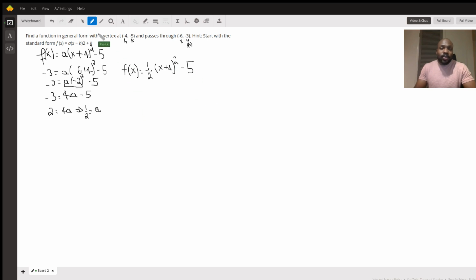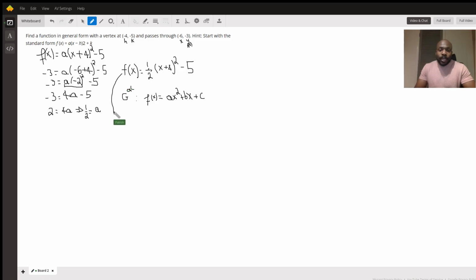And to find the general form, it's f of x. It's basically the expanded version of the vertex form. So it's ax squared plus bx plus c. You shouldn't have any parentheses in the general formula.